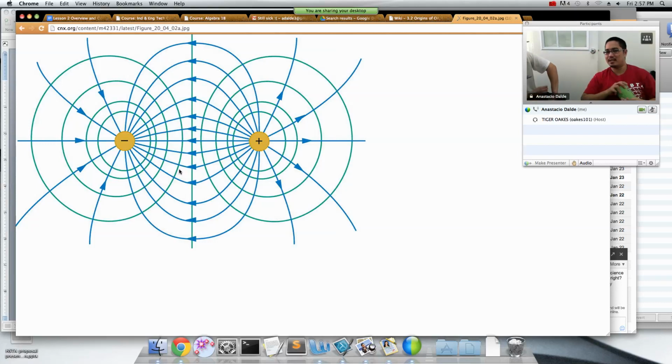I want it the opposite way around. I want the test charge small enough that it doesn't really affect the other charges around it. Then if we put enough of these test charges over here, we can actually see these field lines.